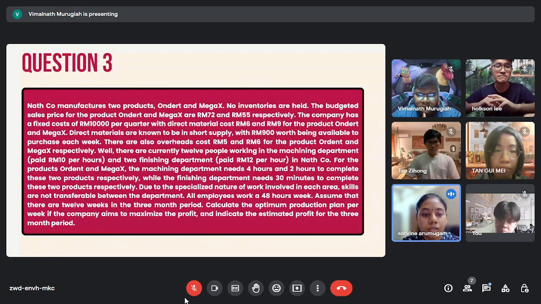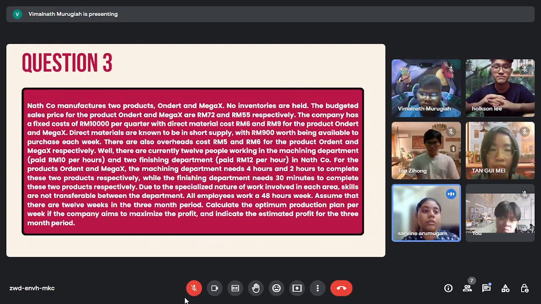Due to the specialized nature of the work, skills are not transferable between departments. All employees work a 48-hour week. Assume there are 12 weeks in the 3-month period. Calculate the optimum production plan per week if the company aims to maximize profit, and indicate the estimated profit for the 3-month period. So next will be the solution.